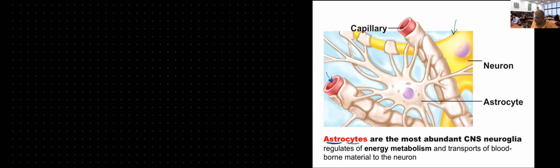Those astrocytes are going to be responsible to regulate the energy metabolism and to transport the nutrients from your blood to the nerve cells. And because those neurons are highly precious, I cannot regenerate them. So I need some kind of barrier to be located between the blood and those nerve cells.